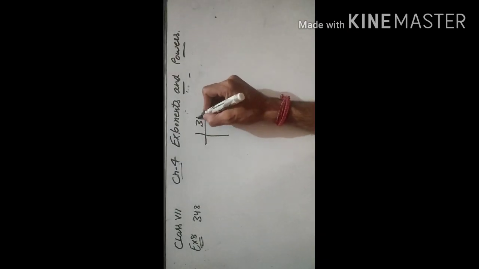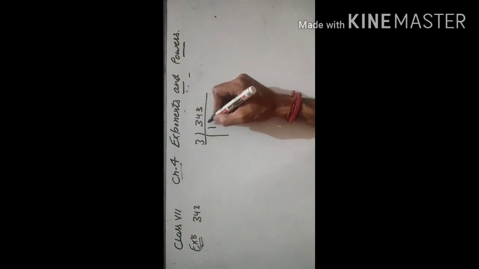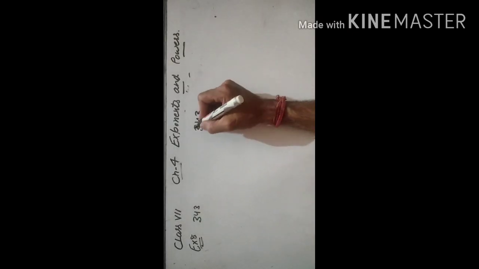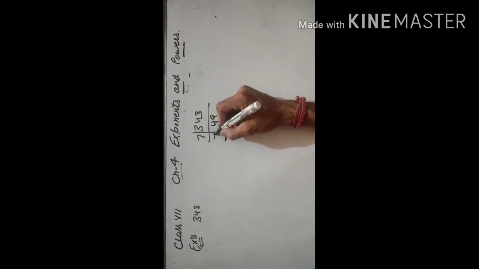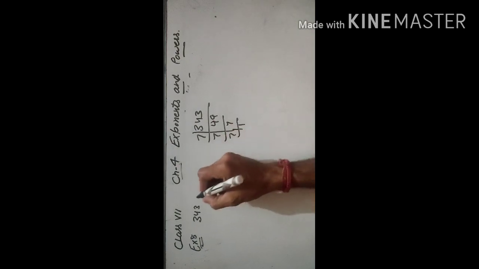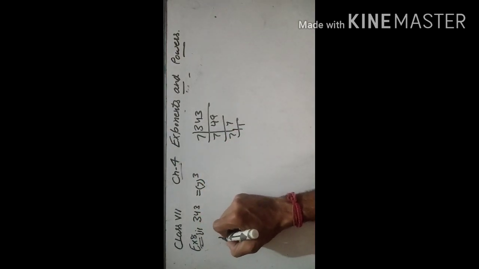Prime factors of 343. 7 ones are 7, 7 7s are 49, 7 49s are 343. It is a cube of 7. So 7 to the power 3. That is the first part.